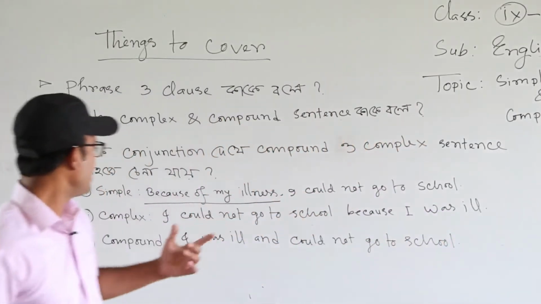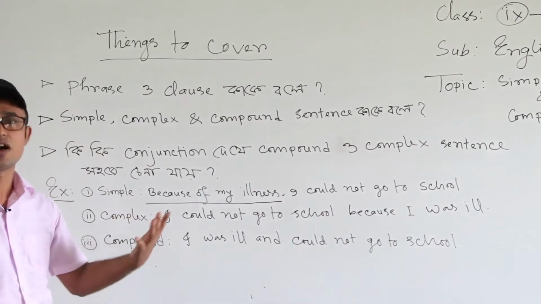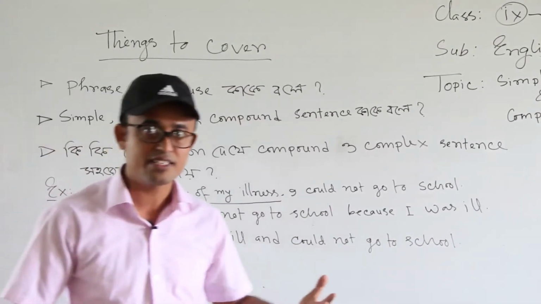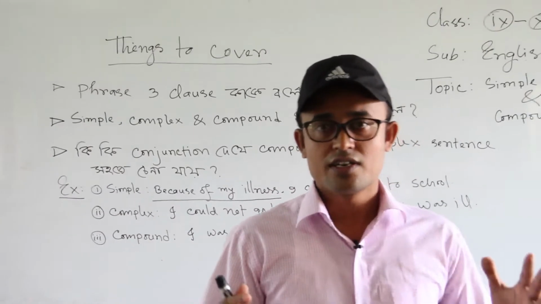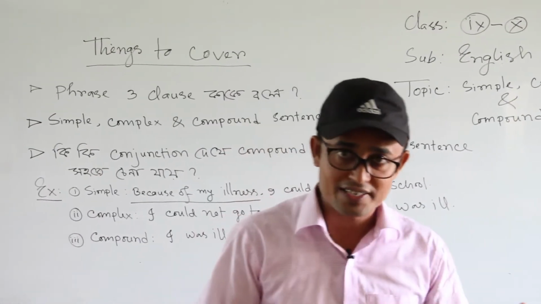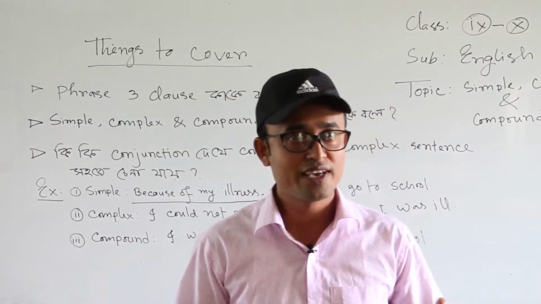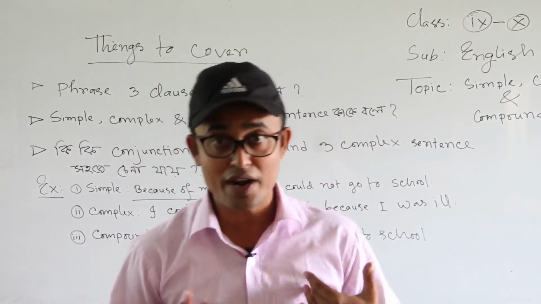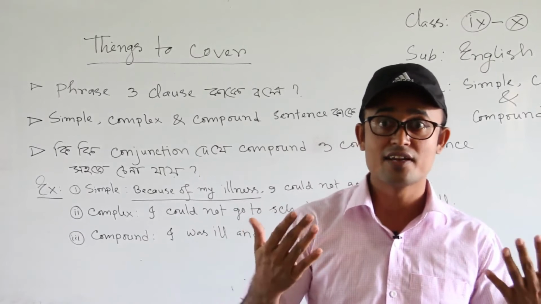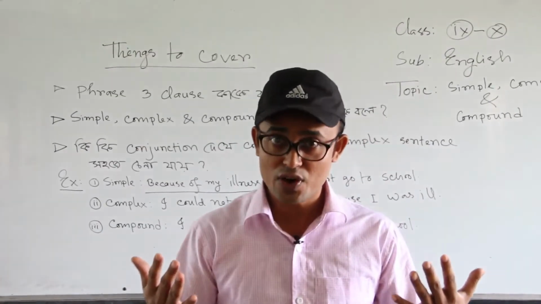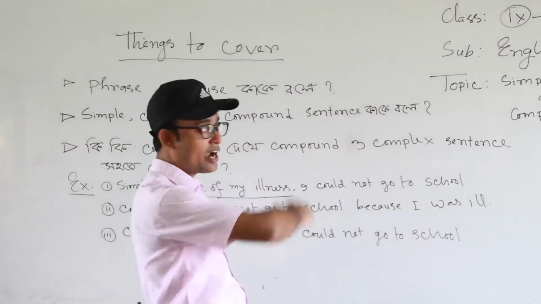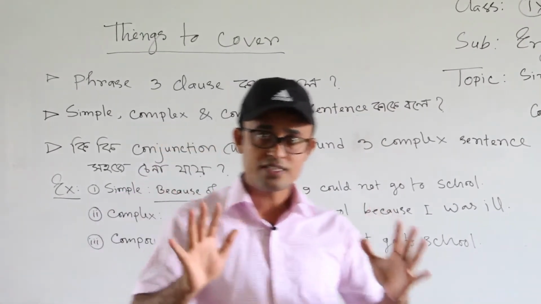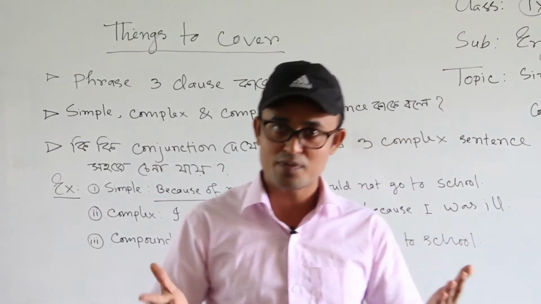And next please come to the complex sentence. What is the complex sentence? Please listen to me carefully. Before understanding complex and compound, you have to understand what is clause, okay? Do you know what is clause? Please listen to me and look at the whiteboard, okay? There are two kinds of clauses.